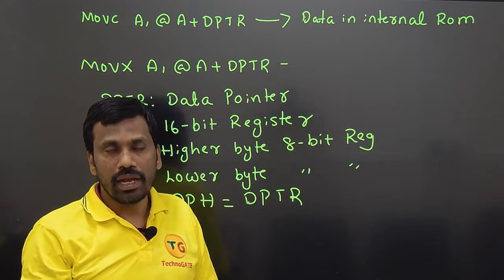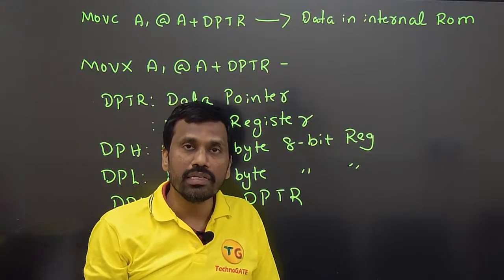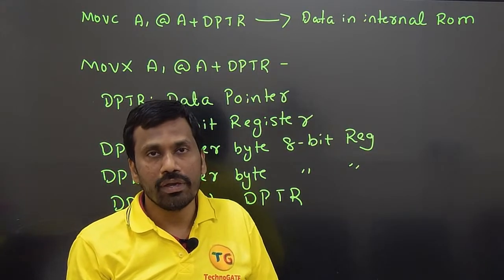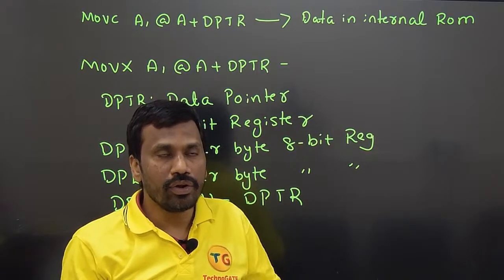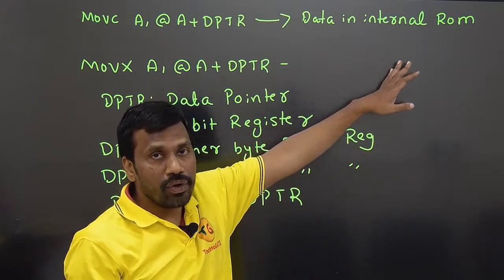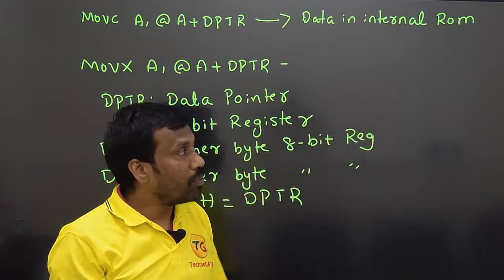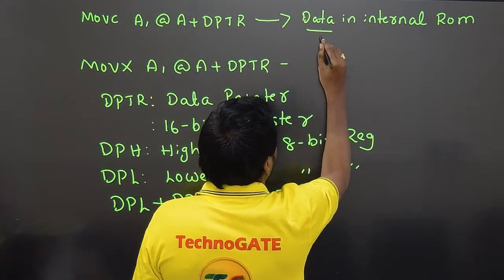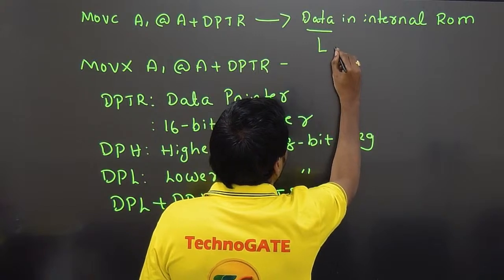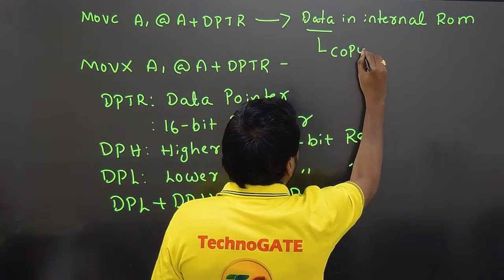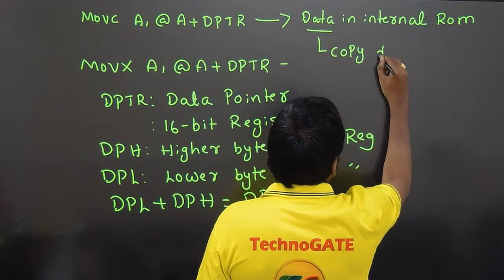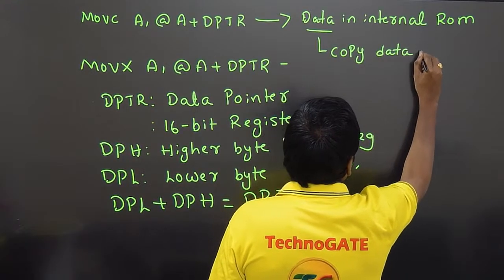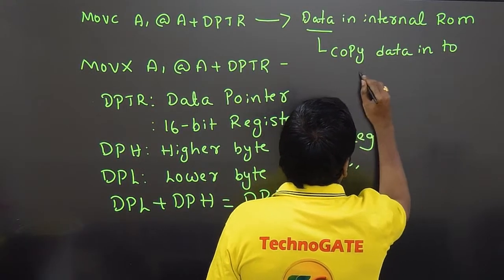Both are there. Internal RAM is 128 bytes, internal ROM 4 KB. I am talking about internal ROM. Data in internal ROM. Now I want to copy this data into register A.